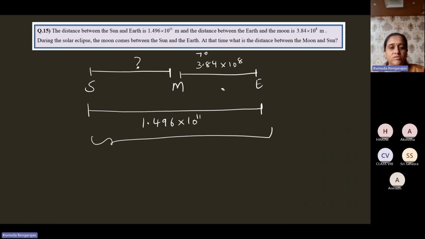Now answer this. If this is Y and this is X, somebody else, not Anirudh again. What is the distance between the Sun and the Moon? Using Y and X only you can say.